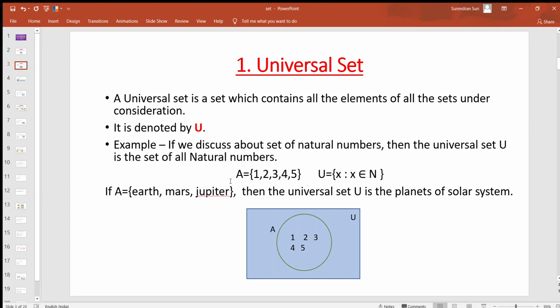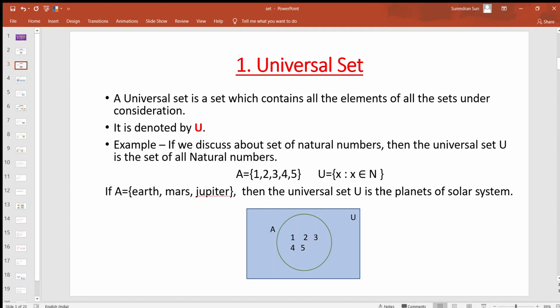For example, for a set which has alphabets, the universal set of that particular set will be the set of all the alphabets in the English language. Next, if A is equal to Earth, Mars and Jupiter, then the universal set U is the set of all the planets in the solar system.